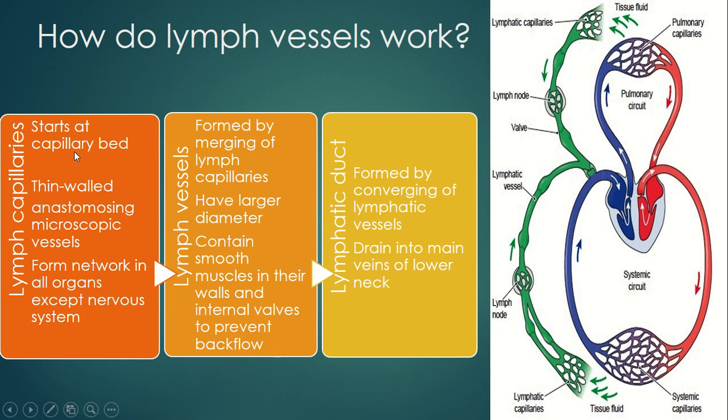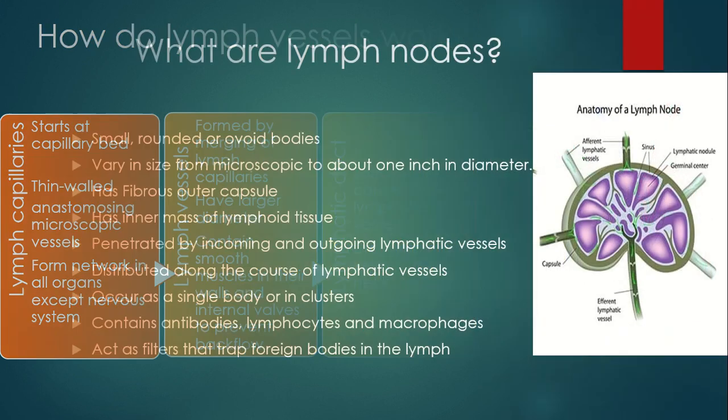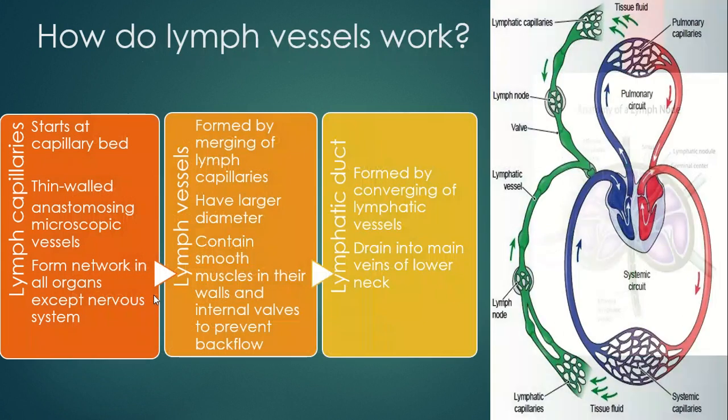So these capillaries, their walls are very, very thin. They are microscopic vessels. They are found to be deeply infused into all tissues except the nervous system, and they have blind ends.